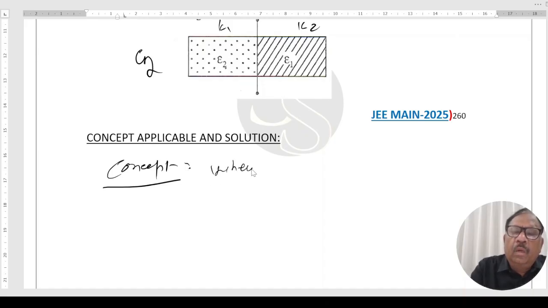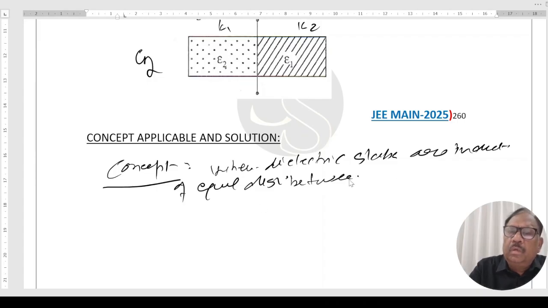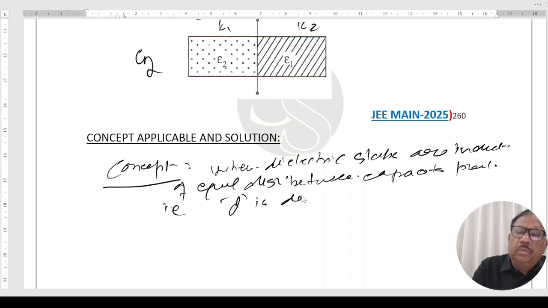When dielectric slabs are inserted of equal distance between capacitor plates, that is D is distributed and area is same.